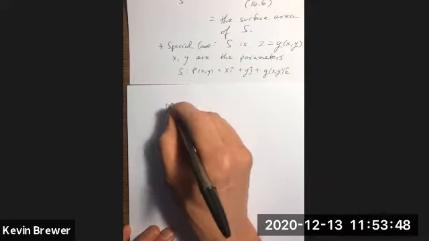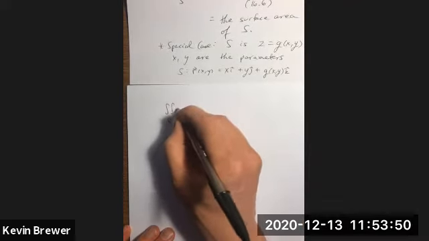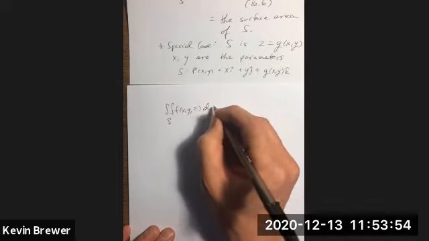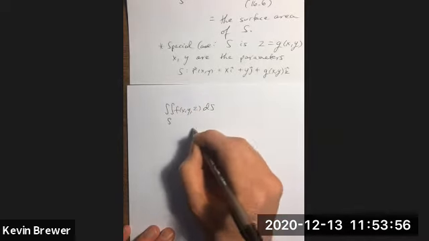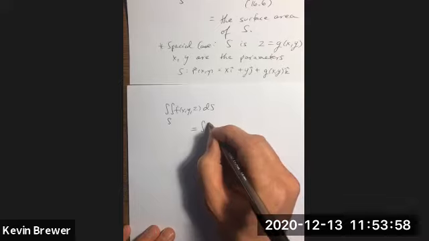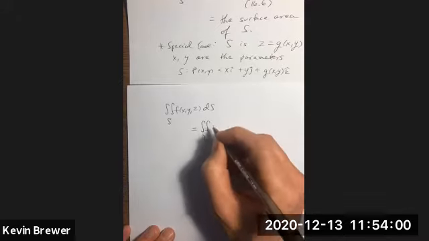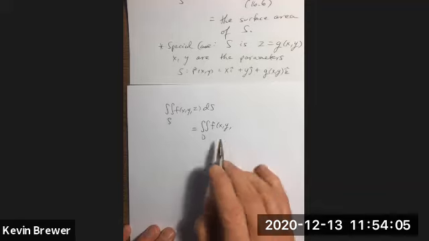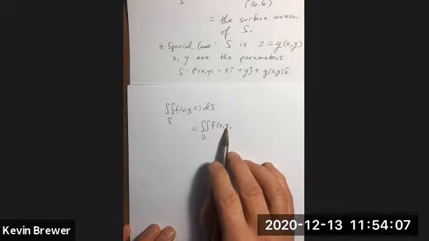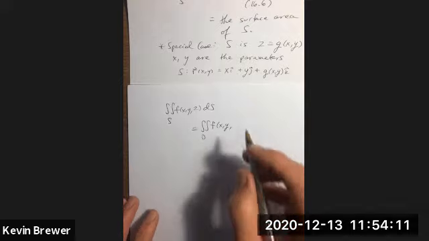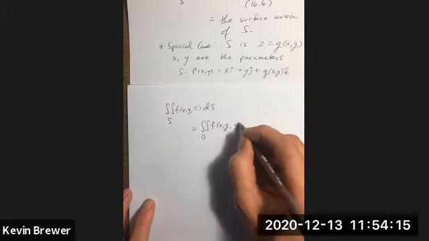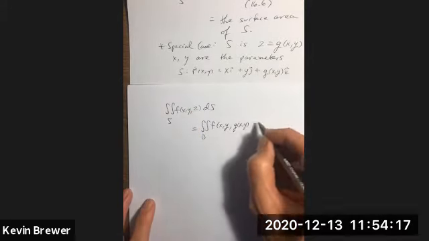So in this case, the double integral over S of f of x, y, z dS is the double integral over D of f, where everywhere I see an x, I replace it with x, everywhere I see a y, I replace it with y, so replace in quotes, and everywhere I see a z, I replace it with g of x, y.